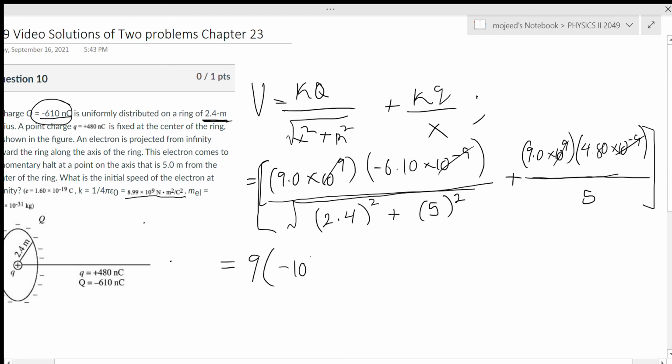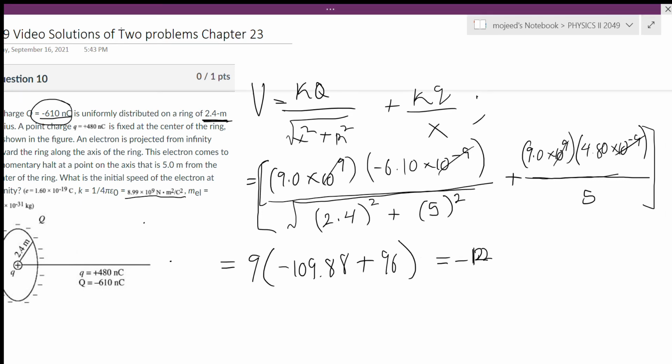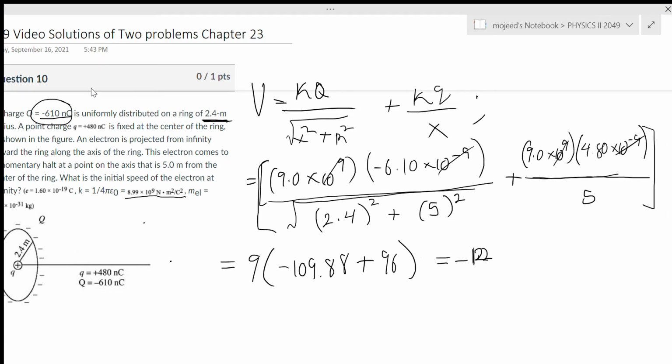Then we get negative 409.88 plus 96, and then we get negative 125.82 volts.